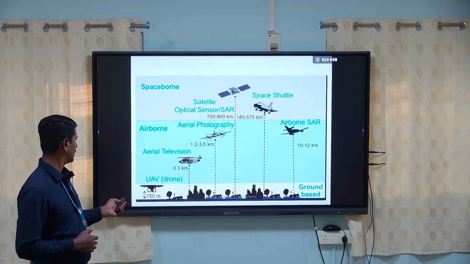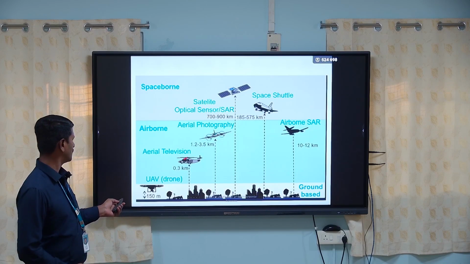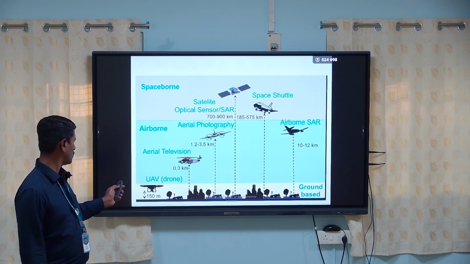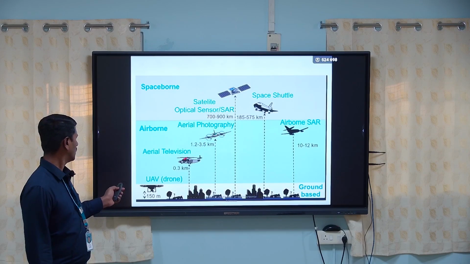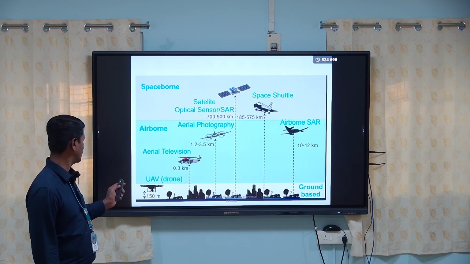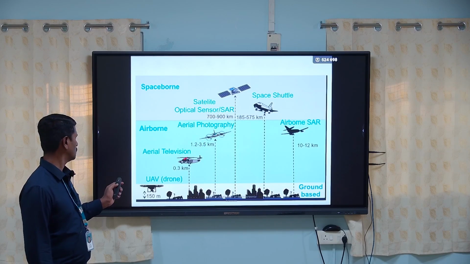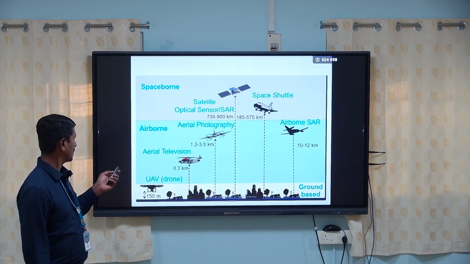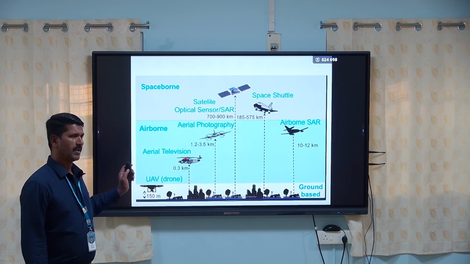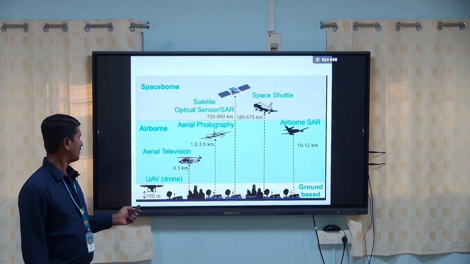So this is the altitude of each platform. From the earth surface up to 150 meters, we can operate a drone platform; from 1 to 1.2 kilometers up to 3.5 kilometers, we can operate aircraft; and at 700 to 900 kilometers, we can operate the satellite. So this is the schematic diagram of the satellite remote sensing platforms.